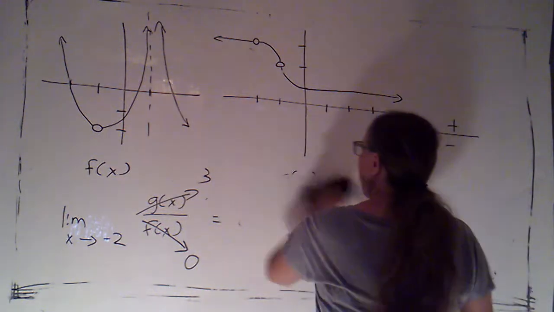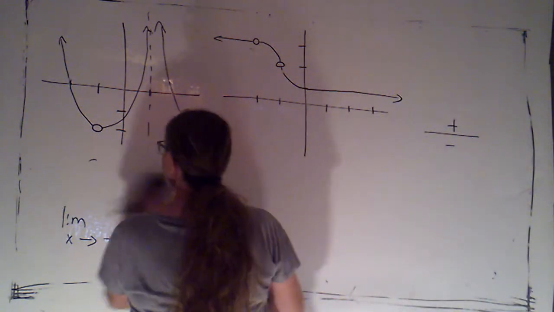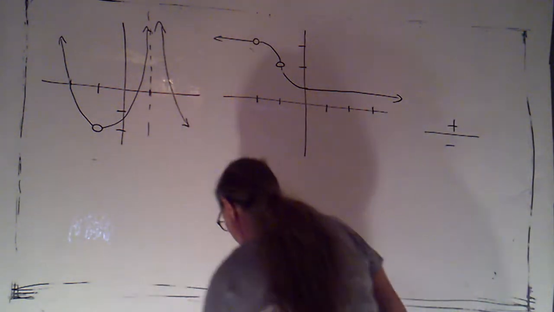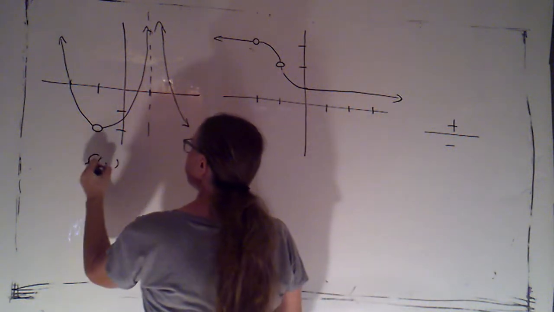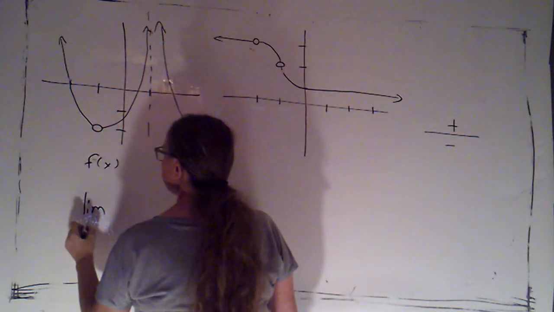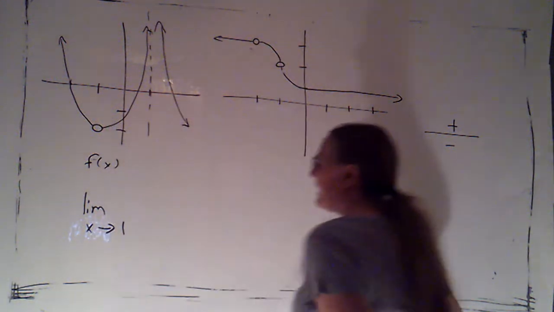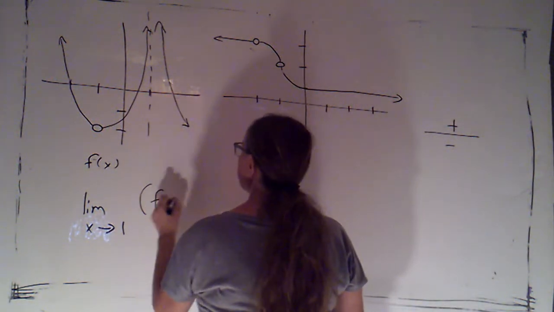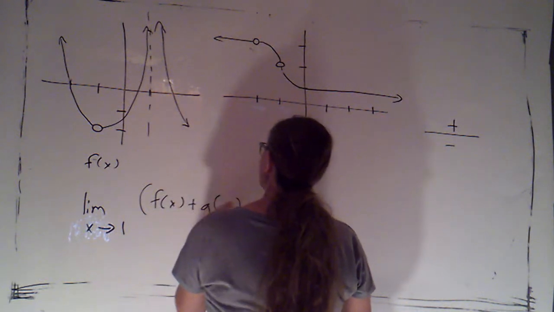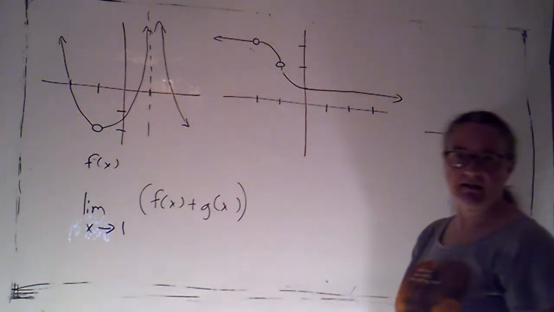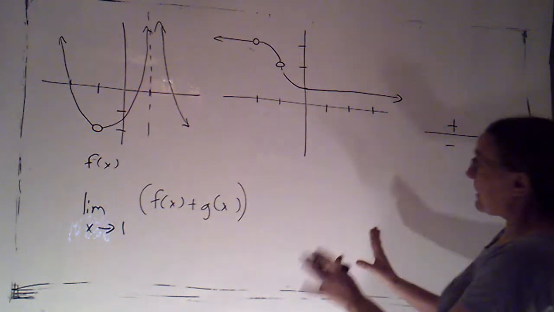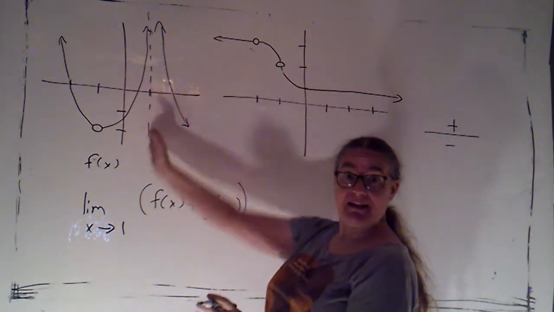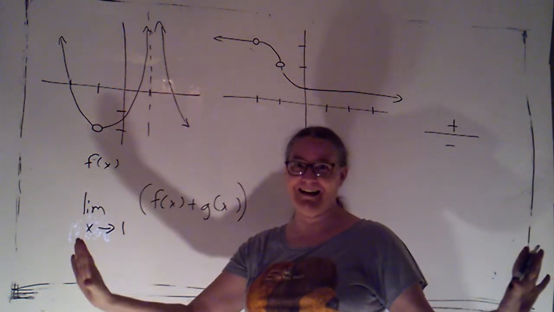Let's just deal with what happens at 1, because I can see I've got an infinite limit then on the graph of f of x. So let's just look at the limit as x approaches 1 of f of x plus g of x. Now, having seen that there's an infinite limit here, I'm not even going to try to apply a limit law.